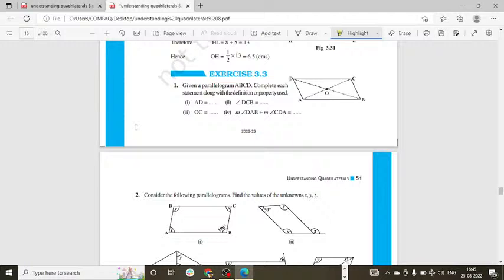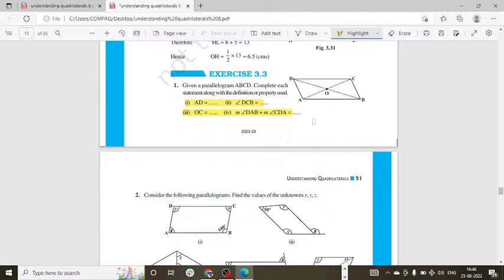Sorry. Okay, so we have A, B, C and D. We need to find AD is equal to what, angle DCB is equal to what, OC is what, and the measure of angle DAB and the measure of angle CDA is what.